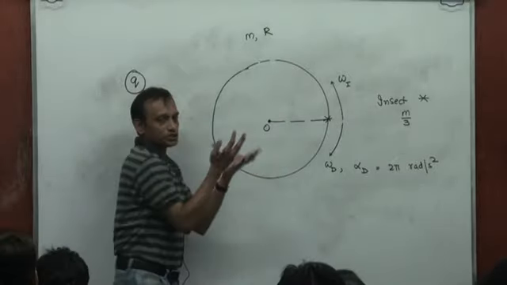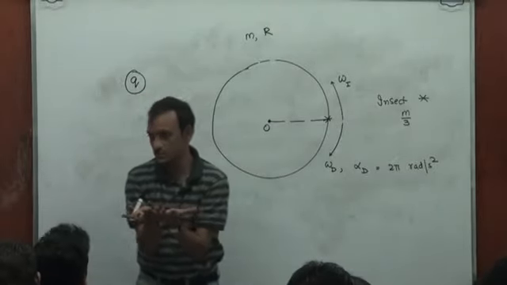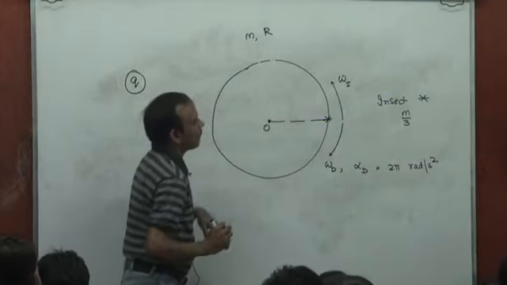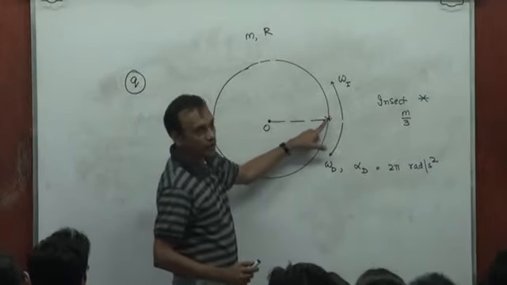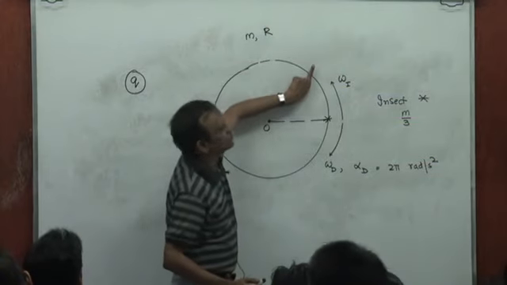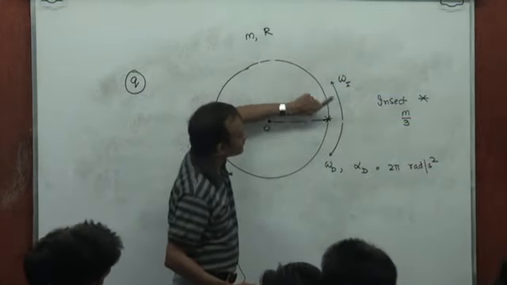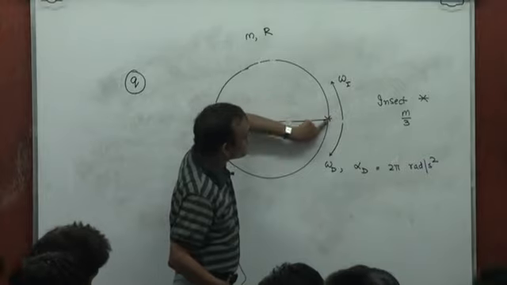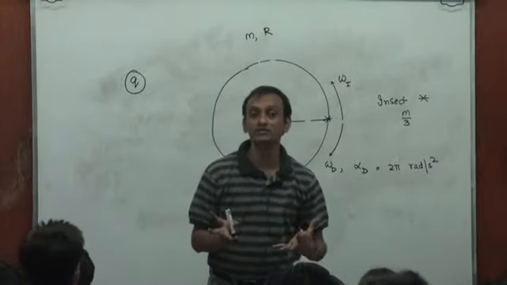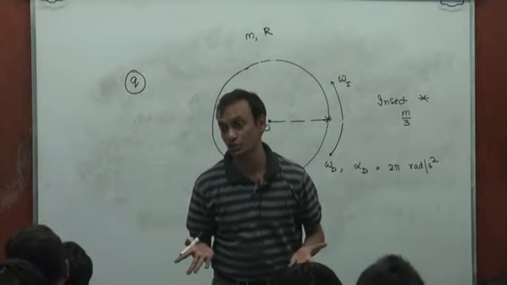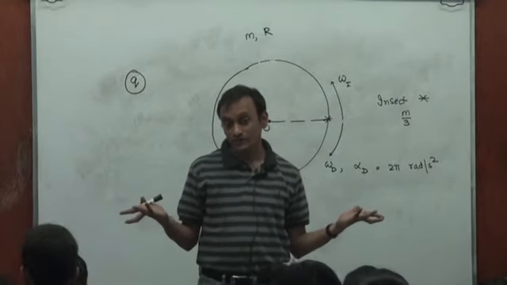So we have a stationary disk resting on a smooth frictionless surface, and there is an insect of 1/3 the mass of the disk at this point, and it starts to move in this direction. Now, when it starts, between the insect and the disk, the total angular momentum about the center of the disk was zero initially, because both were at rest, right?